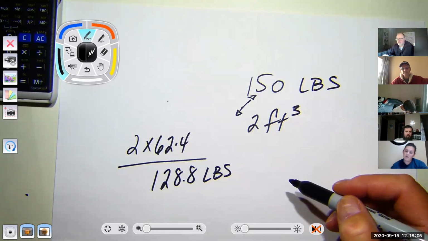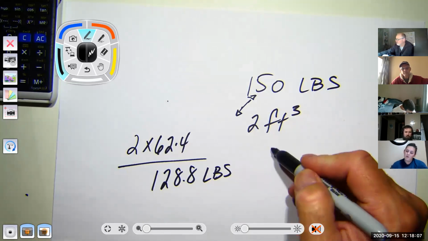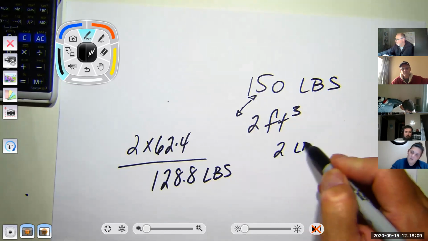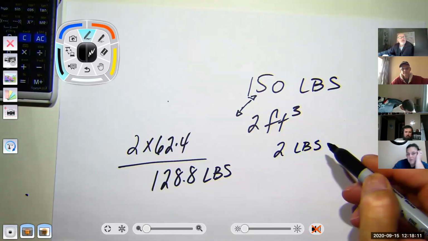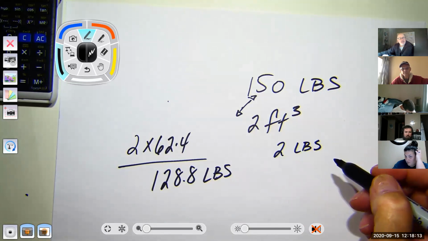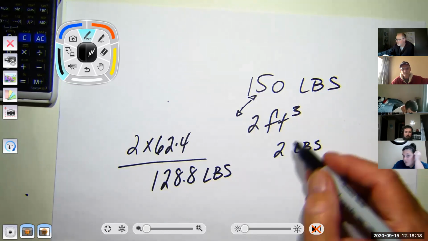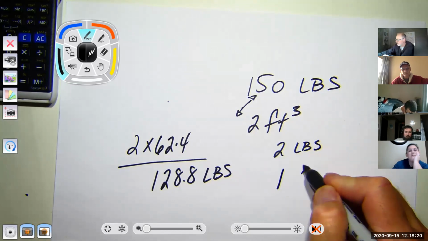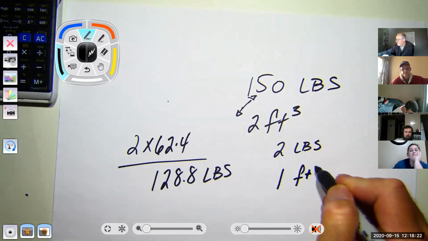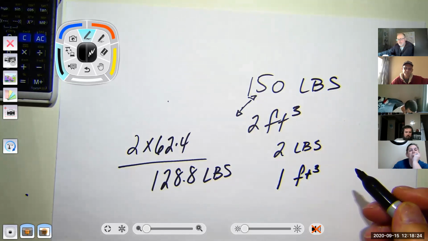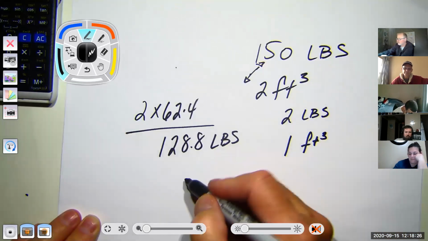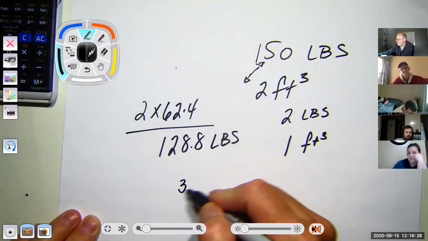Sink. Okay, so what I'm going to do is put on a 2-pound personal flotation device, a vest that weighs 2 pounds, but guess what? It has a volume of 1 cubic foot. So now that person is 3 cubic feet.